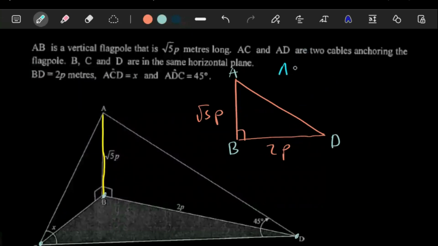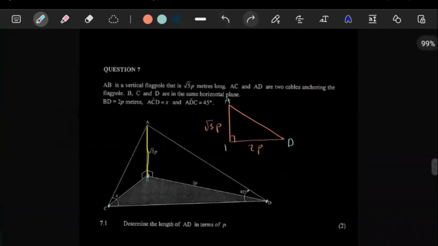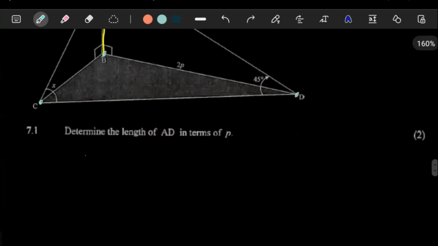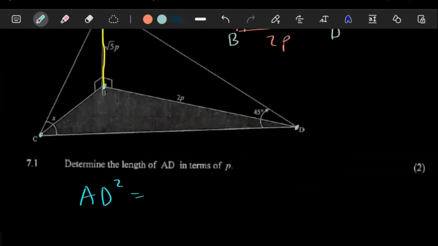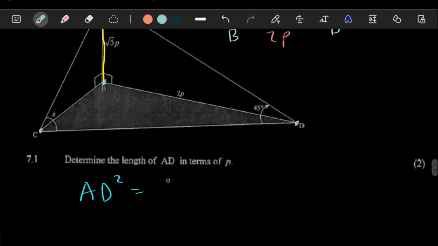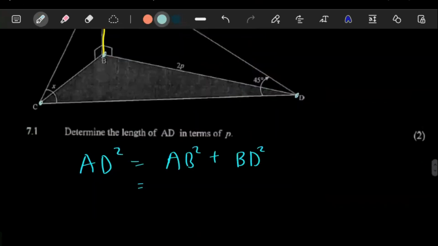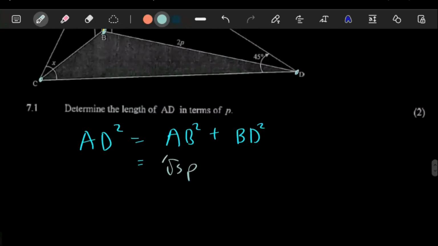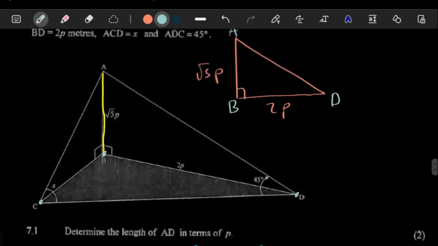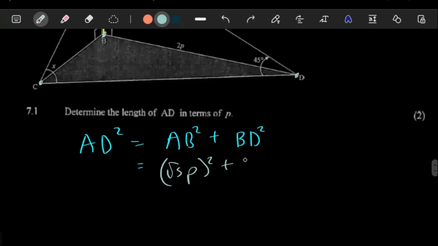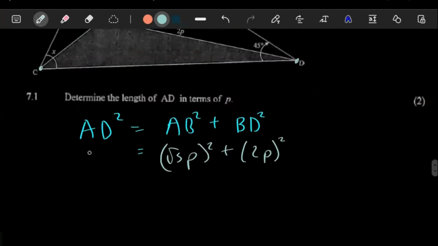So we know that AD squared is equal to AB squared plus BD squared. And then we have here AB is square root of 5P squared, BD is 2P squared, and then you have AD, which is just AD.